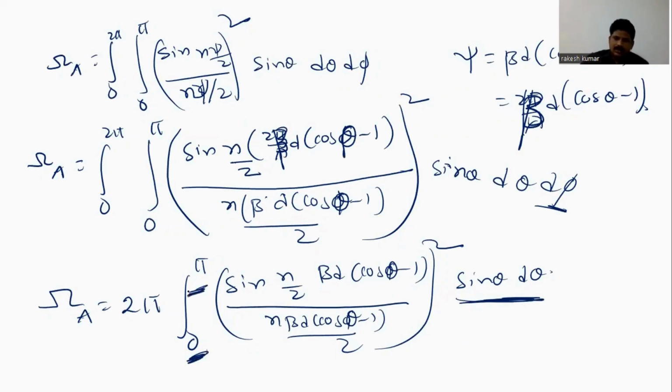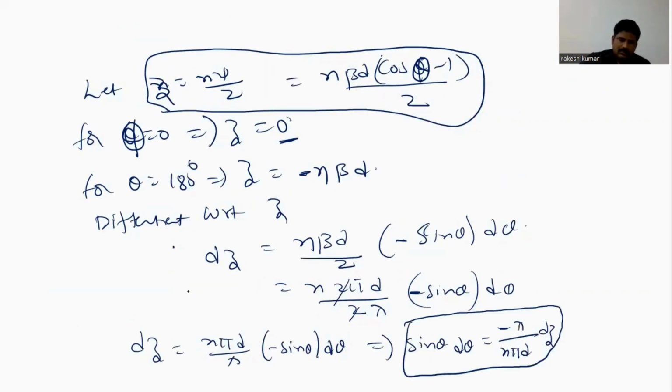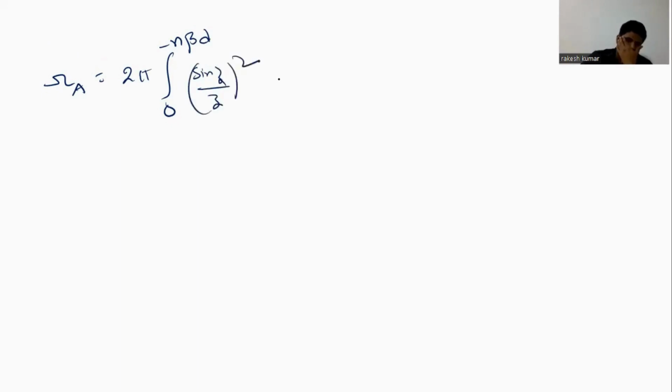So if I change the limits, my final expression for sigma a is 2 pi into the limits 0 to minus n beta d, of the expression (sin z by z) whole square into sin theta d theta.